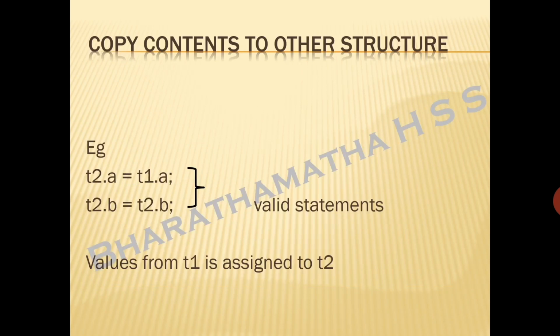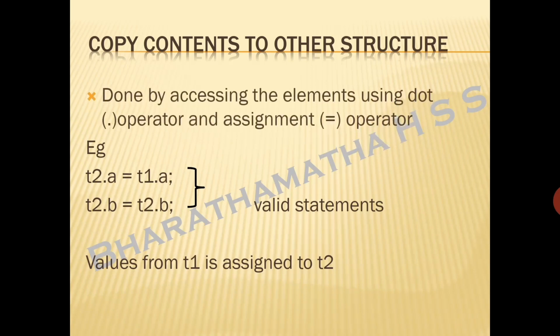So how you can pass is t2.a = t1.a and t2.b = t1.b, where values from t1 are assigned to t2. So copying the contents is done using the dot operator and the assignment operator.